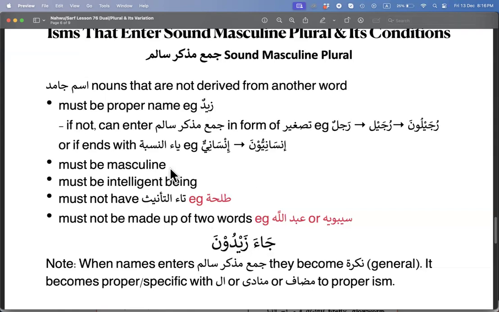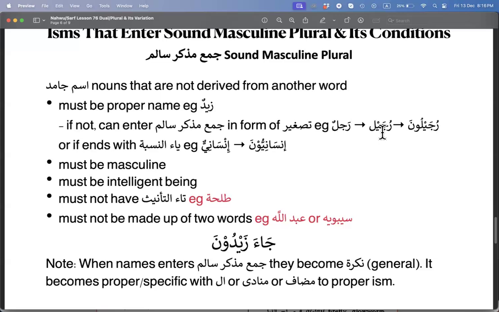If it's not a proper name, then it can enter a jamak muzakkar salim in the form of tazghir. Tazghir, we know this is your diminutive noun. So, for example, rojul. Rojul is jamid, but it's not a proper noun. It's just a man. You make it ism tazghir, rujailud.